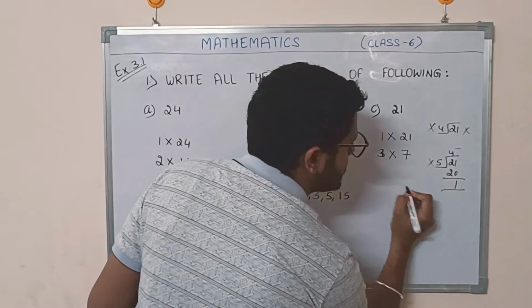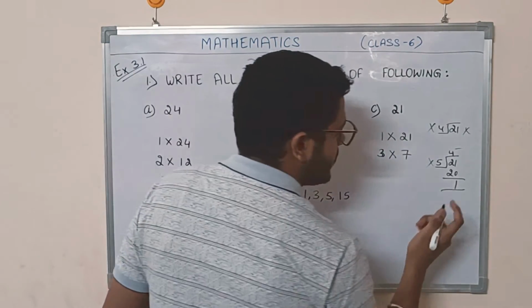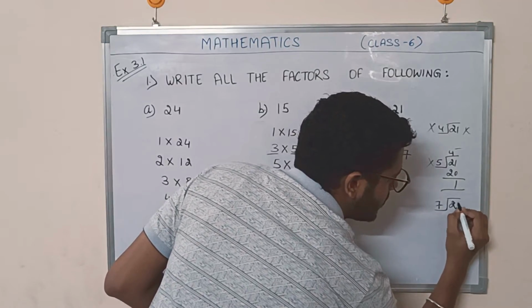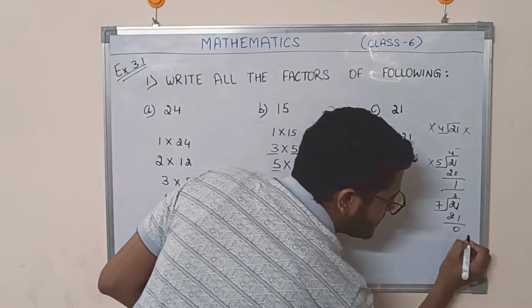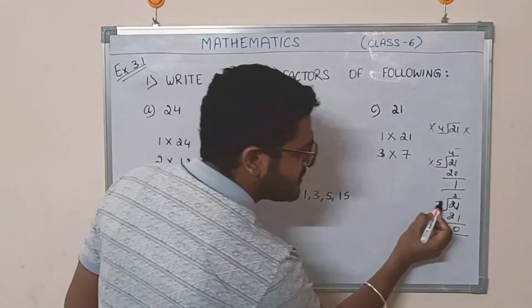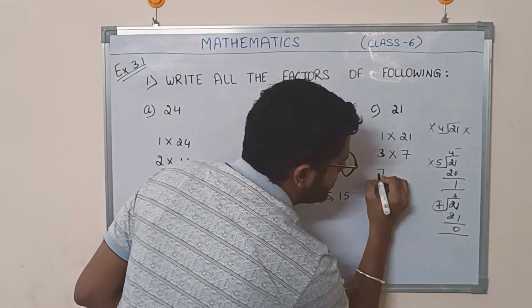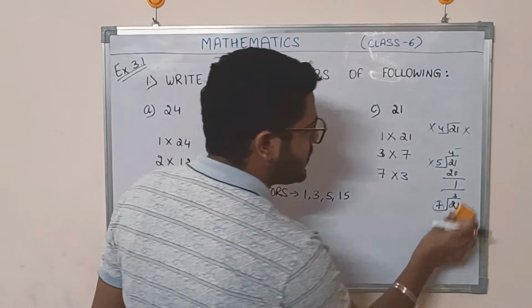Let's try with 6. Will there be an exact divisor? No. Okay. Let's try with 7. 7 3s are 21 and the remainder is 0. So this is the exact divisor. So this is a factor. It will be 7 multiplied by 3.